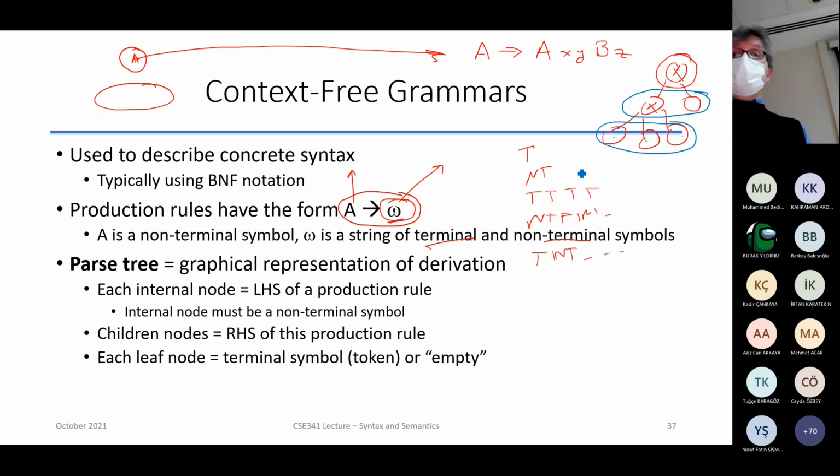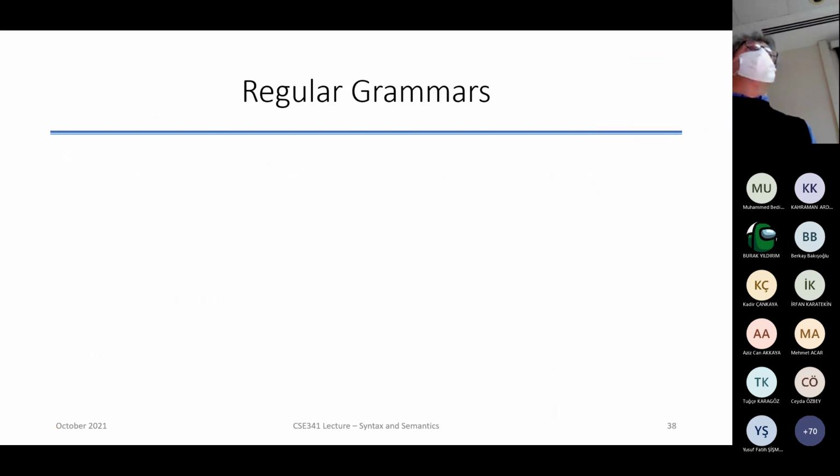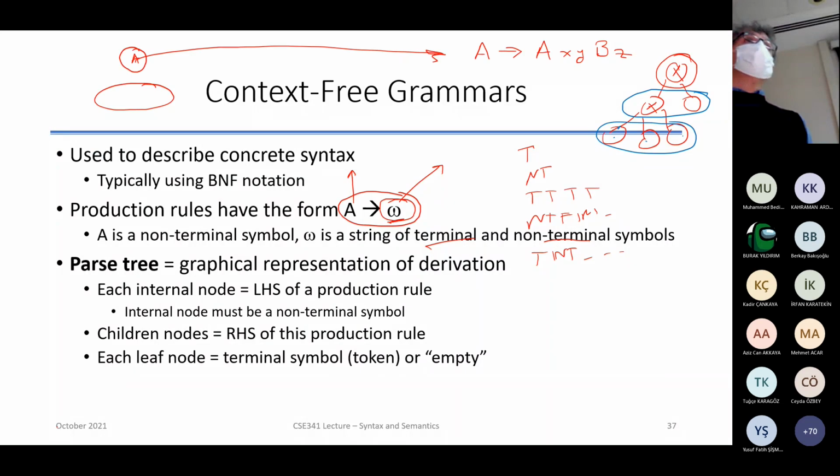All right. Good. Now the question is, when I have a context-free grammar, a CFG, including a set of terminal symbols, non-terminal symbols, a set of production rules, and then a start symbol, maybe a set of start symbols.